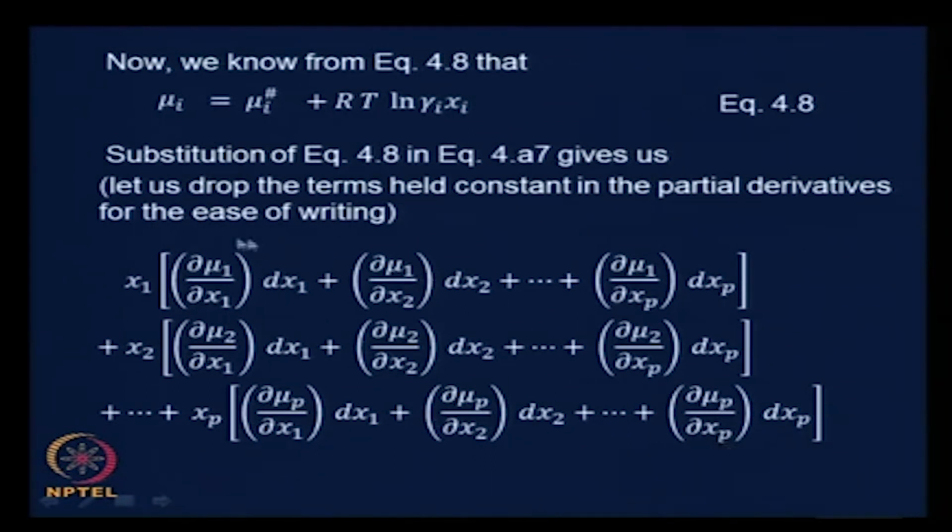So, this is what happens if I have still not substituted mu i in terms of mu i hash plus RT ln gamma i xi into equation 4a7.